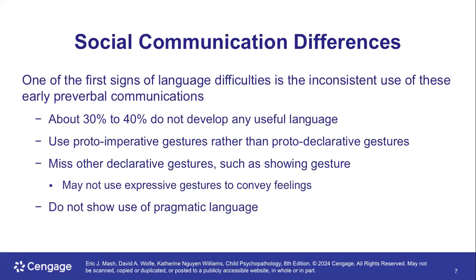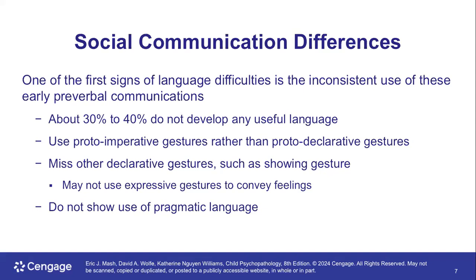So we typically see that one of the signs of autism spectrum disorder, which is pretty early, is the inconsistent use of pre-verbal communications. And the statistics have shifted a bit to about 30 to 40% of individuals on the autism spectrum never develop useful language.